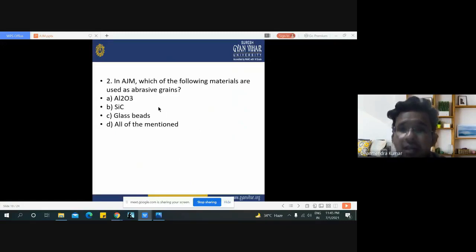Second one is, in AJM or abrasive jet machining process, which of the following materials are used as abrasive grain? Aluminum oxide, silicon carbide, glass bead, or all of the mentioned.